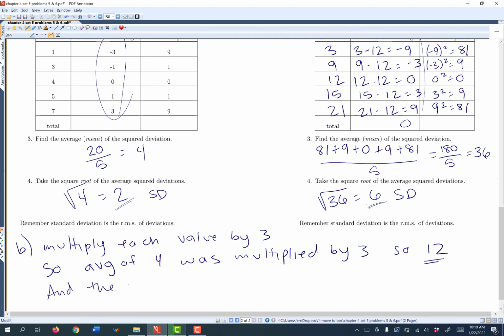And the SD of 2 was multiplied by 3, so we got 6. Now, if we know these rules, it means we can save ourselves all the work of finding the standard deviation of that second set, and we could just use the rules. This is in here to kind of be a proof and show you how those rules work and why they work.